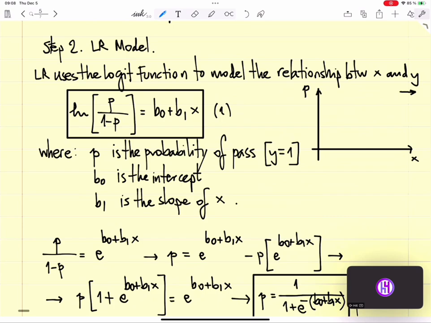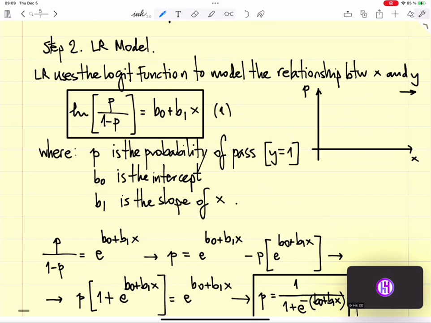Because b to the power of something is x. So it's going to be something like minus infinite.